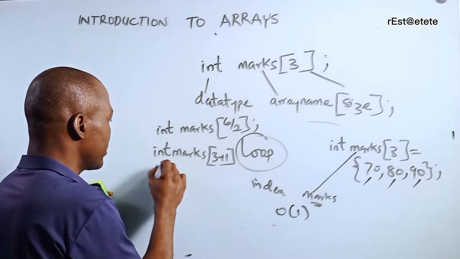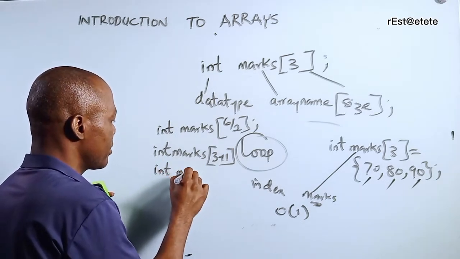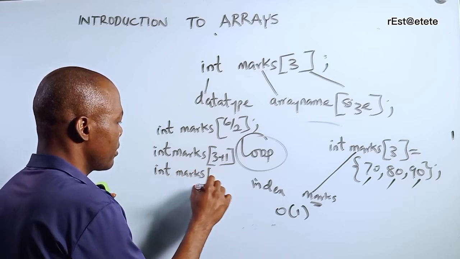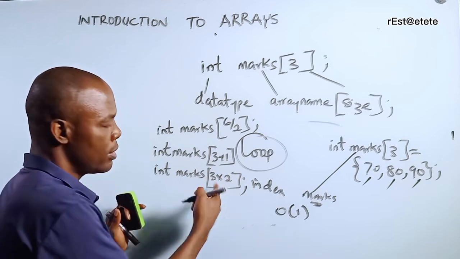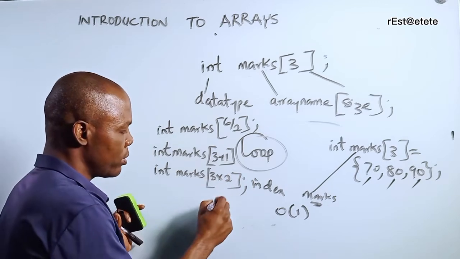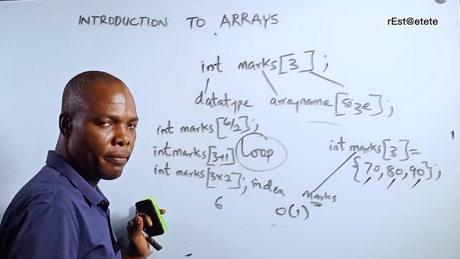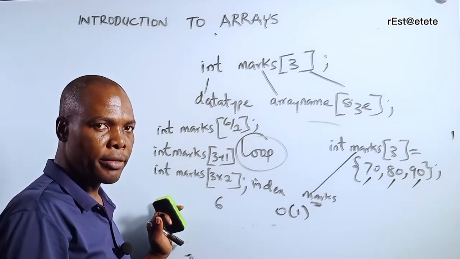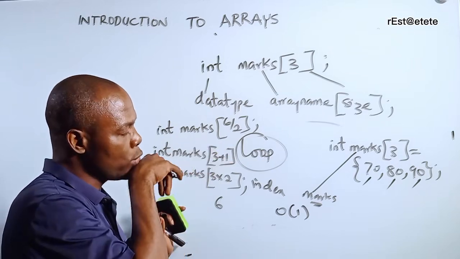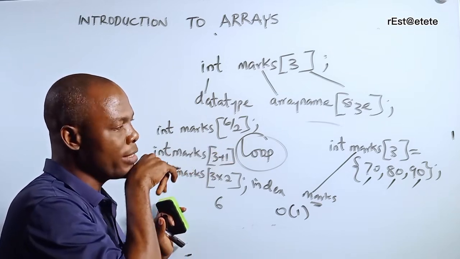If I say int max[3*2], this is still correct because this will evaluate to 6, which is a positive integer. So all these variants are correct in declaring an array. That is what I want to show you in this class, why we need an array.